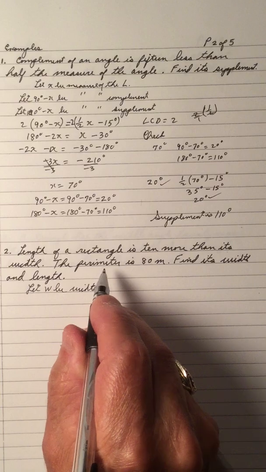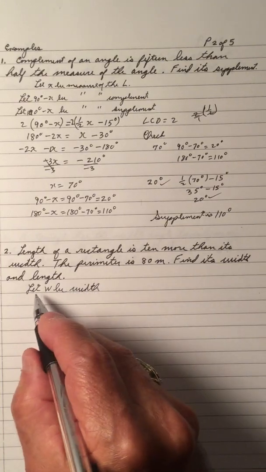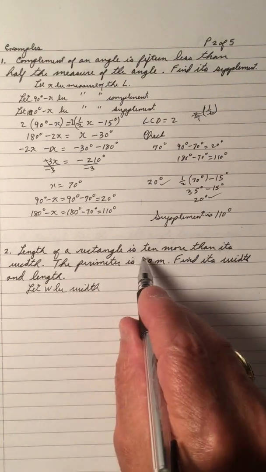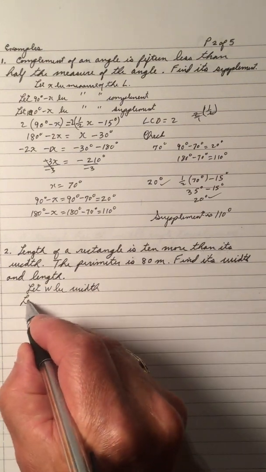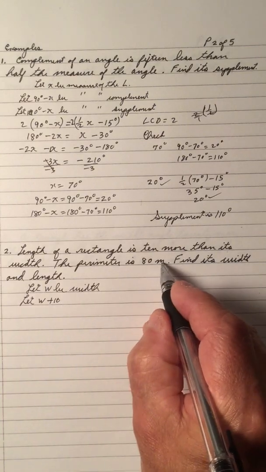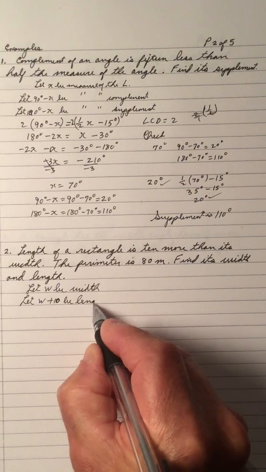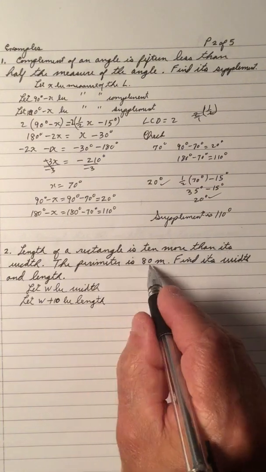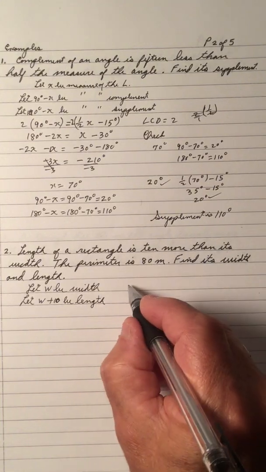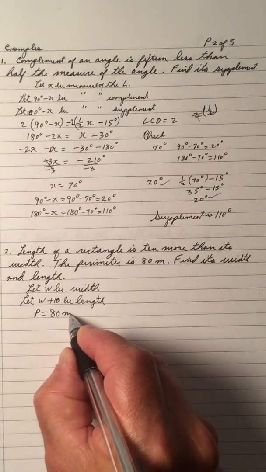I like the W for the width rather than X. The length is 10 more than the width, so the length is 10 more means add on 10. And it's 10 meters, because the perimeter is 80 meters, given to us.